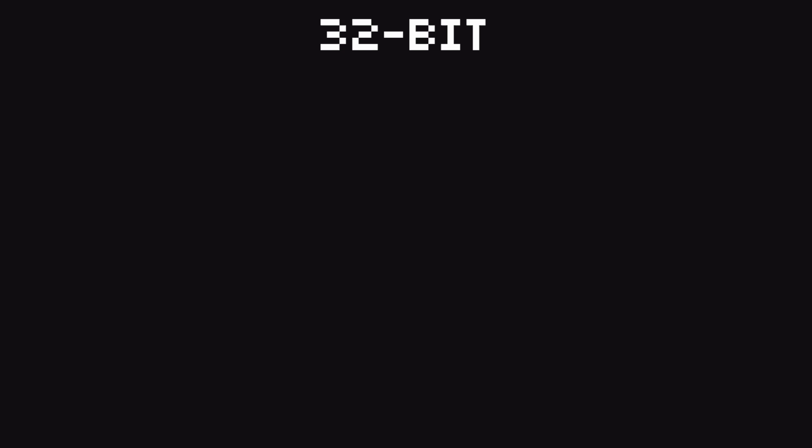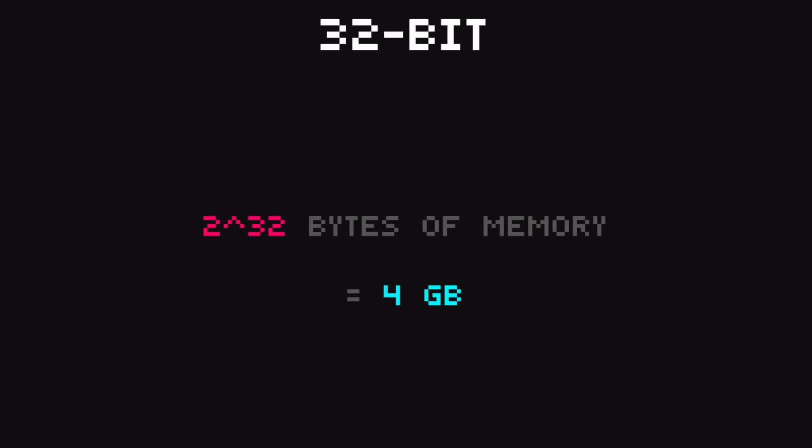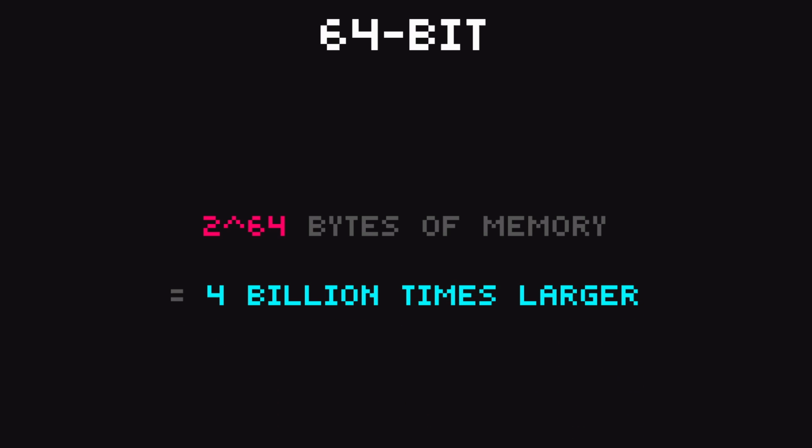A 32-bit system can reference 2 to the power of 32 bytes of memory, which translates to 4 gigabytes. On the other hand, a 64-bit system can access a mind-blowing 2 to the power of 64 bytes, which is roughly 4 billion times more than 32-bit.